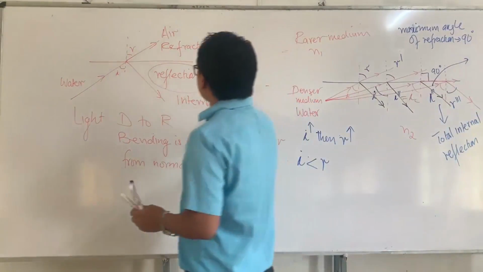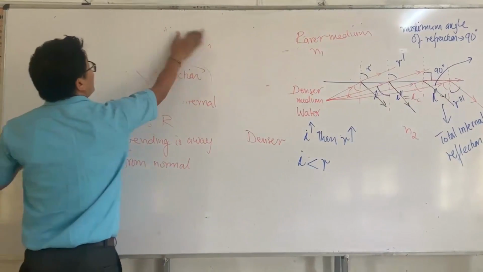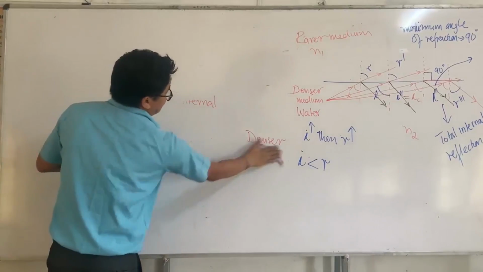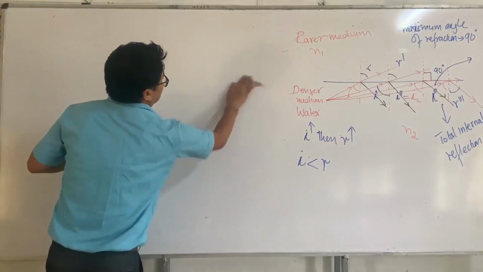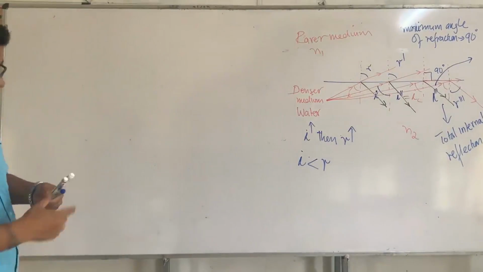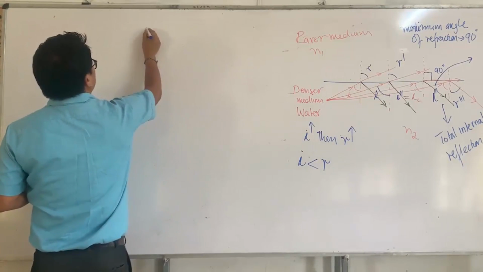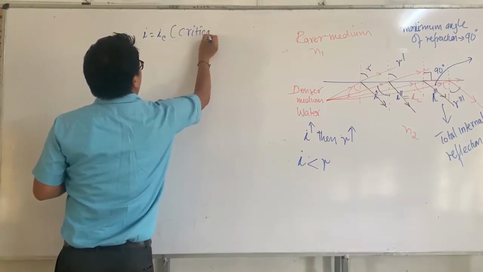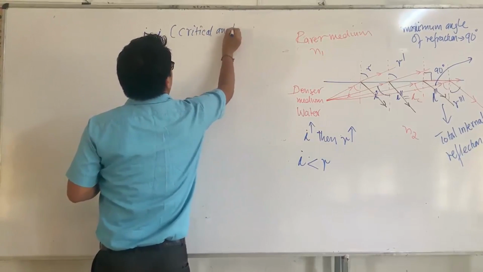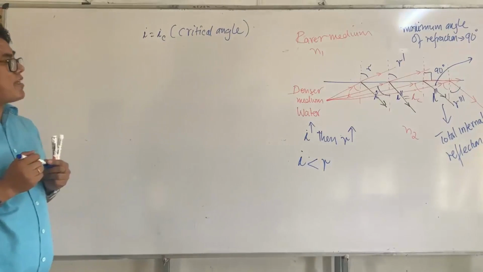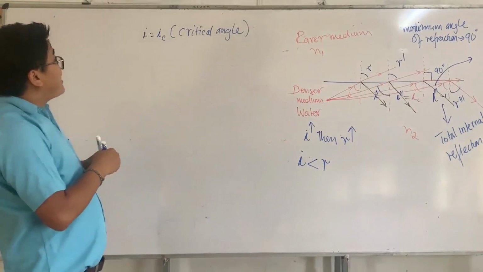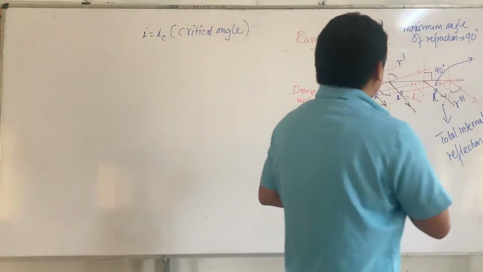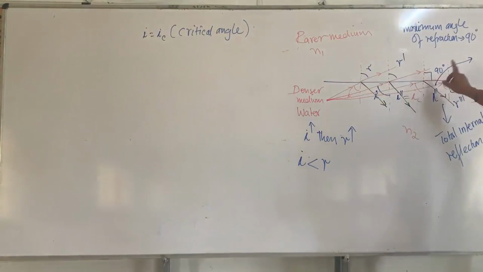So therefore we have one very important concept, what we call the critical angle. Alright? So what is that? Angle of incidence is I C. This is what we call the critical angle. So we define the critical angle in one very simple way. Critical angle is an angle of incidence at which the angle of refraction is equal to 90 degrees.